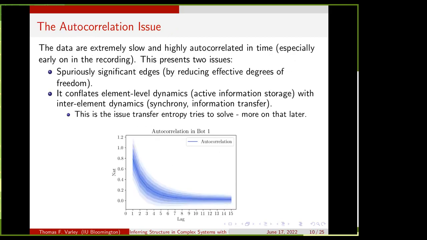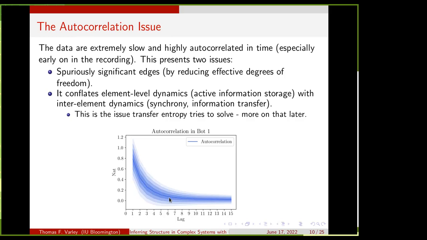The other big issue, and I didn't include it in the original set of 3 because it comes back to the entropic onion, is that the data is insanely highly autocorrelated. It's slow and the autocorrelation lasts a very long time.